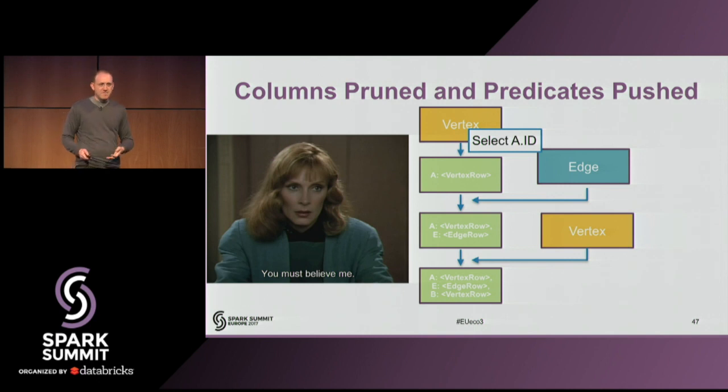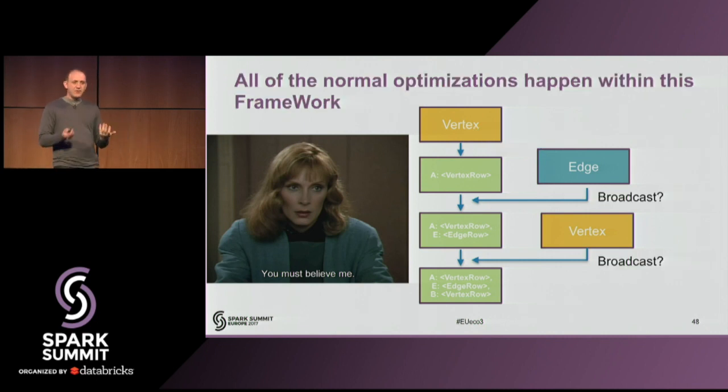So predicate pushdown basically happens implicitly with anything I do as long as my underlying sources support it. And those joins there can be transformed into broadcast joins, because Catalyst is able to look at this plan that's been created and say, oh, well, this particular join might be against not a lot of data.